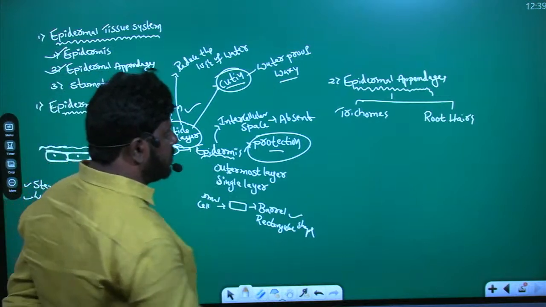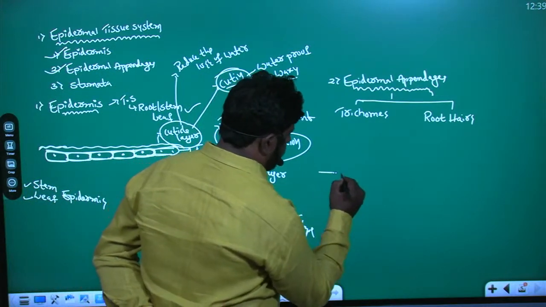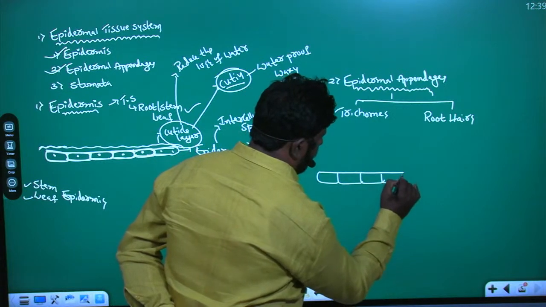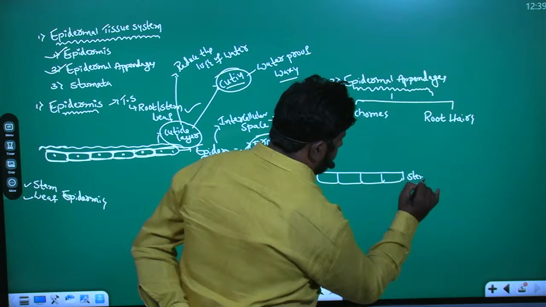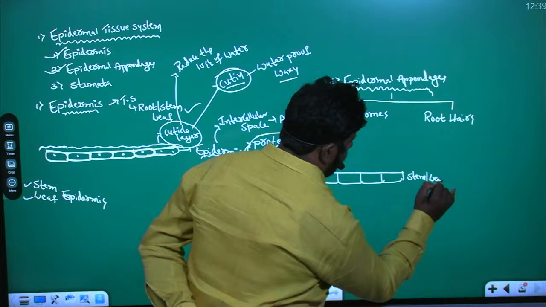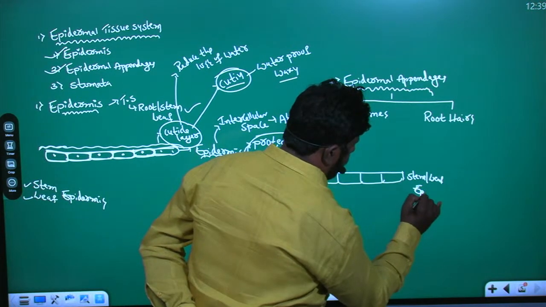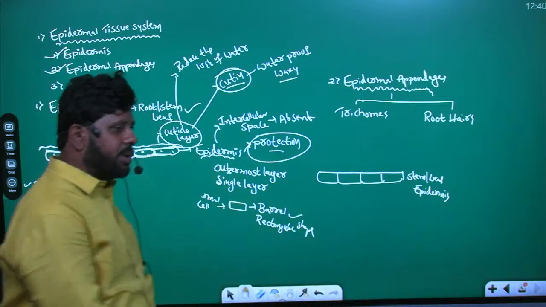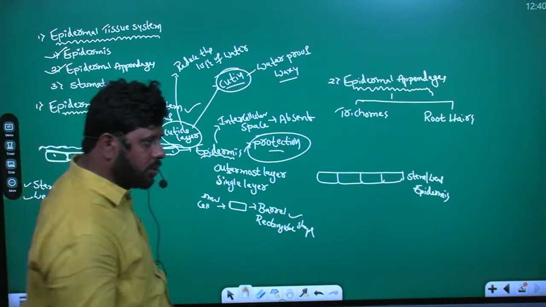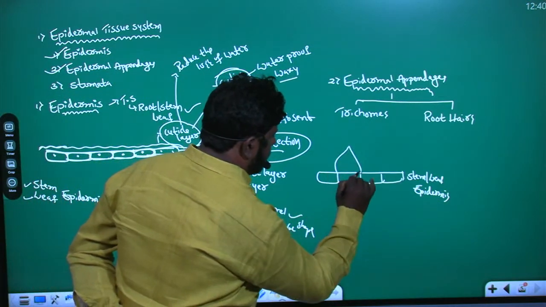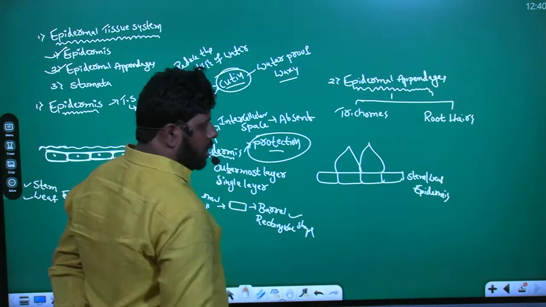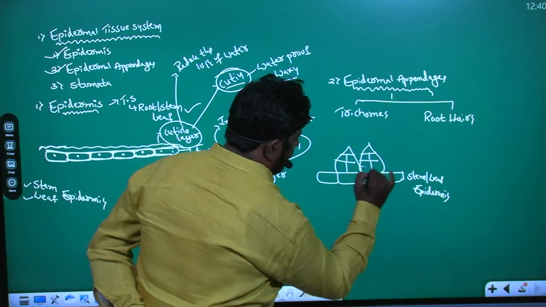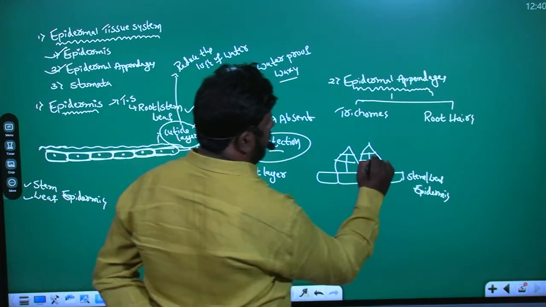Imagine this is the stem epidermis or leaf epidermis, not root epidermis. From stem epidermis or leaf epidermis, multicellular hair-like structures are developed.